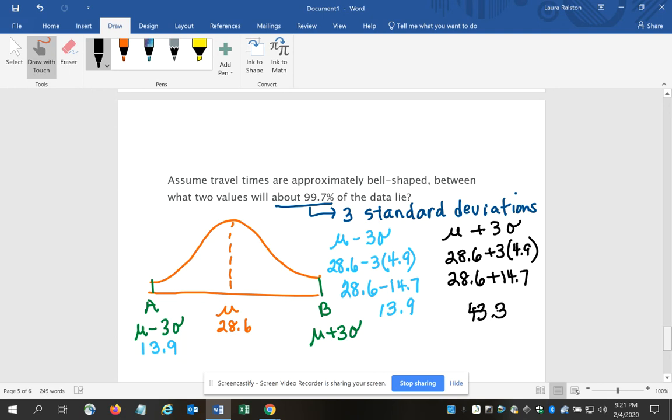So approximately 99.7% of the data would lie between 13.9 and 43.3. I hope this video has helped you to get a better grasp and understanding of the empirical rule. And so that'll finish us up.